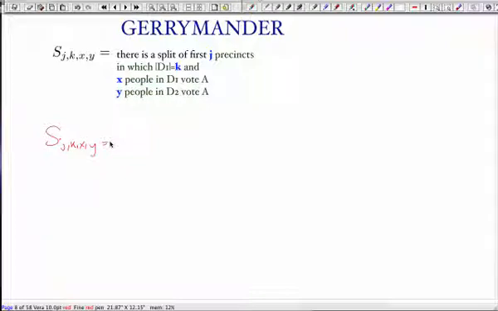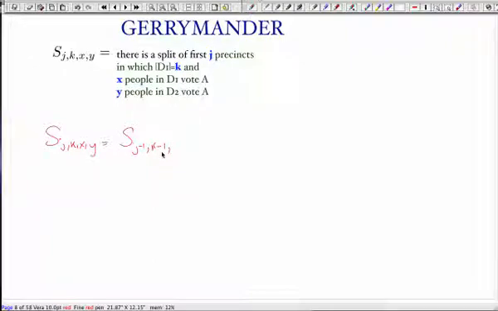which we discussed very last part of last lecture, which is that this variable, it's going to be true in one of two ways. Either you can assign J minus 1 precincts such that D1 has K minus 1 precincts.